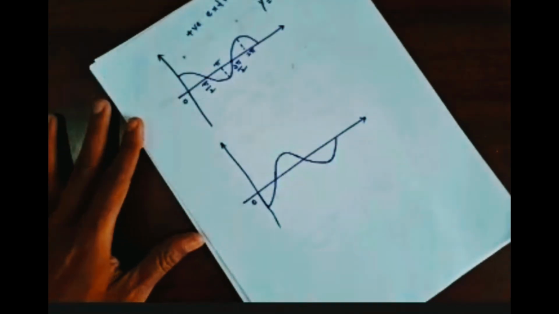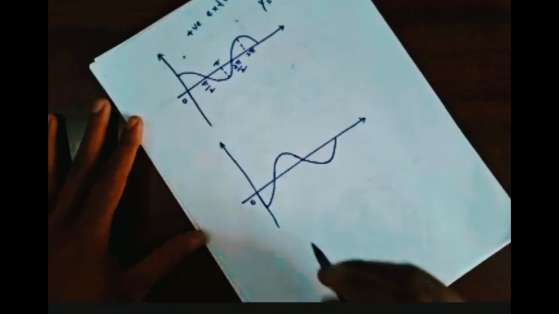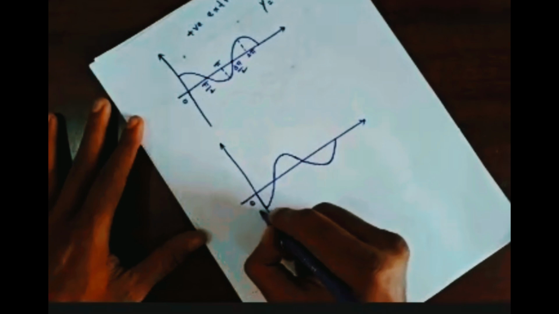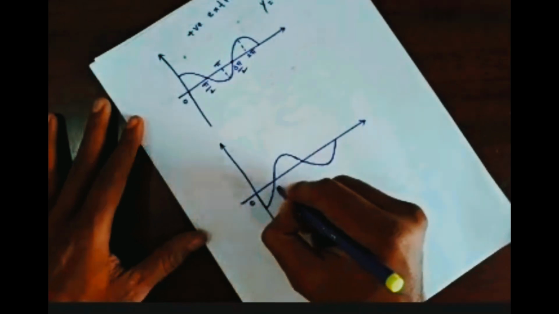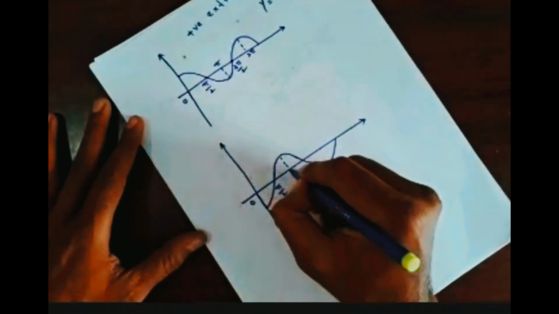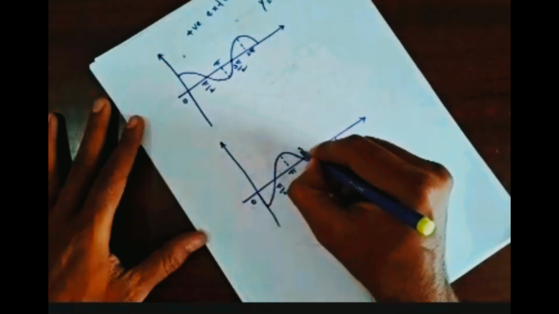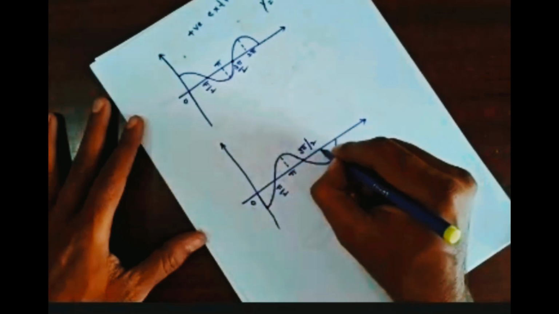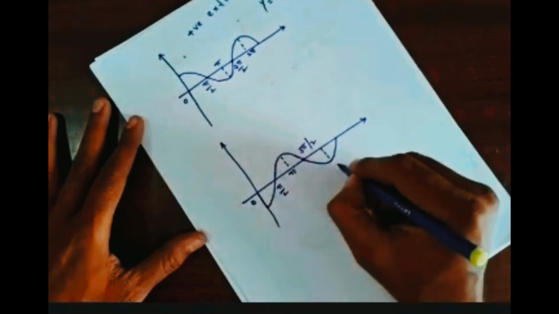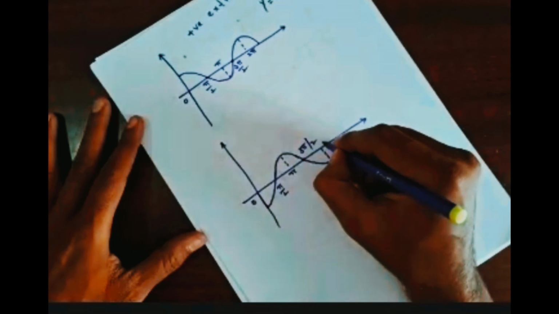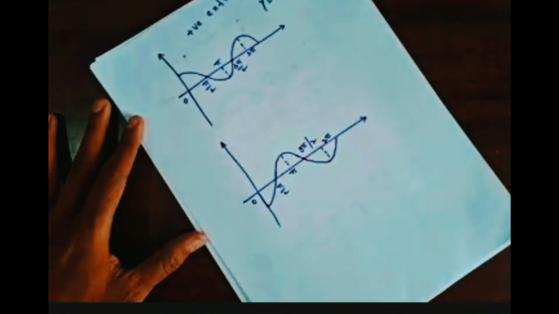Like this. This is the concept related to the negative extreme position. This is 0, pi by 2, pi, 3 pi by 2, and exactly this value is 2 pi. Here we will get 2 pi.